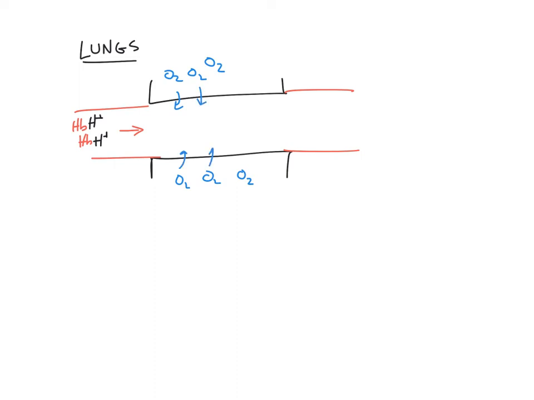And what it's doing is the hemoglobin is now releasing the H pluses into the blood. The hemoglobin is picking up the oxygen and becoming oxyhemoglobin as it leaves the alveolar tissue. Okay?